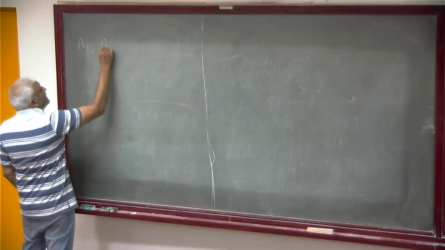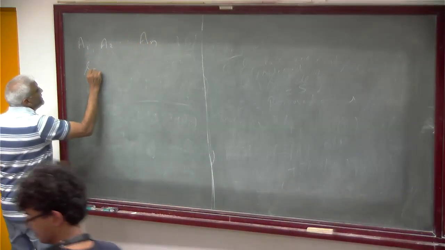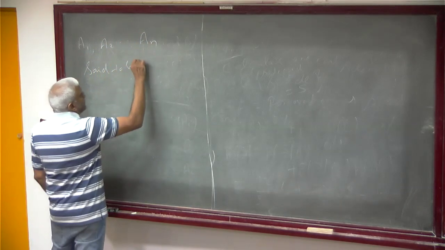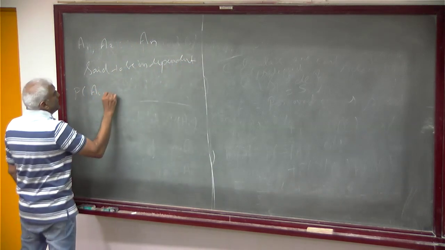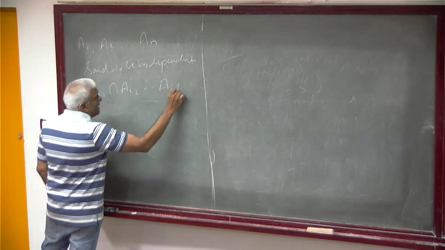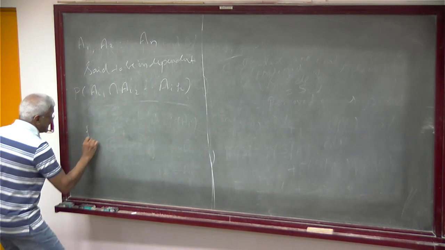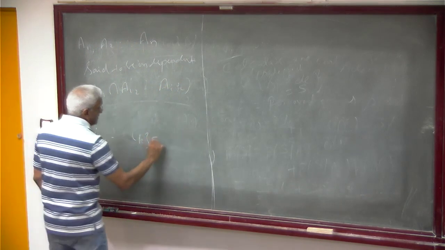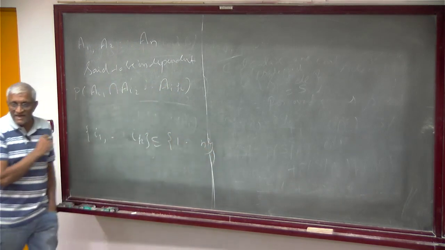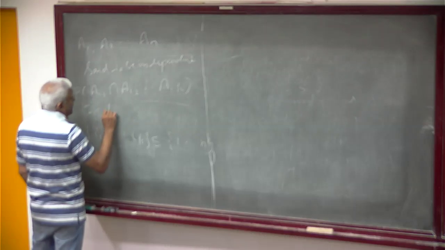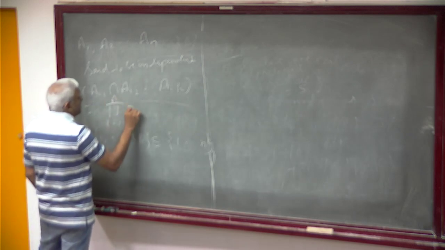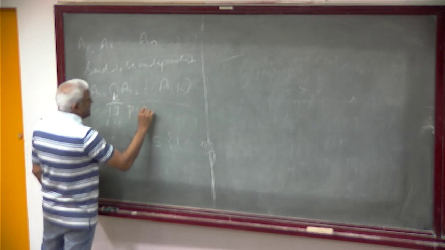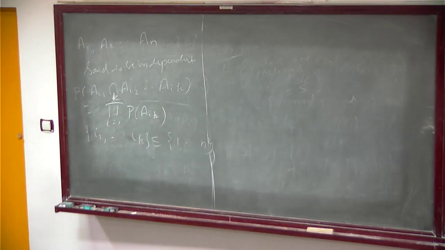If you have events A1, A2 up to An, they are said to be independent if, for any subset I1 up to Ik of 1 up to n, P of A_I1 intersection A_I2 up to A_Ik is equal to the product of P of A_Ii, i from 1 to k. So this is what is called independent.